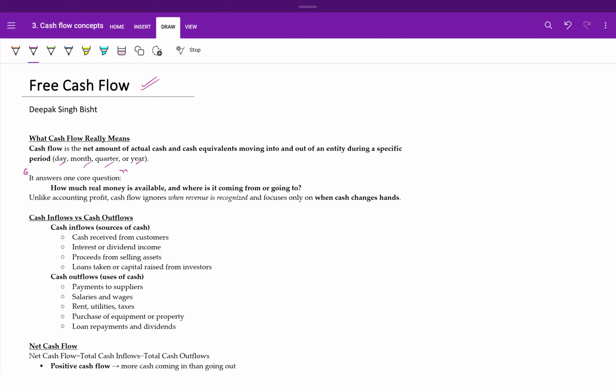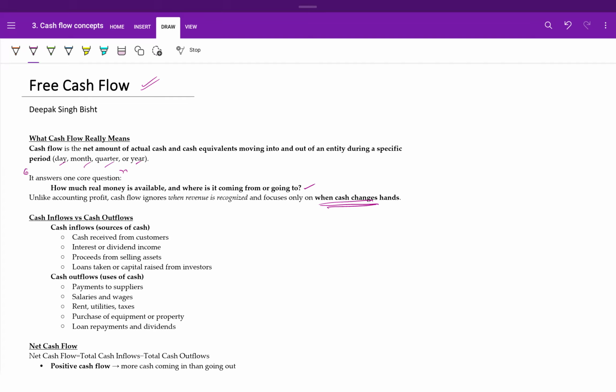Unlike accounting profit, cash flow ignores when revenue is recognized and only focuses on when cash actually changes hands. This is the basic core principle of cash flows. We are only going to record cash in the cash flow statement when it changes hands.